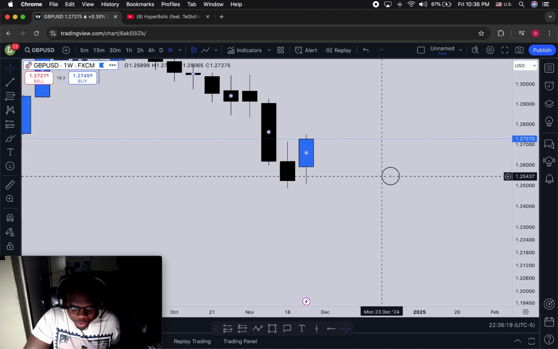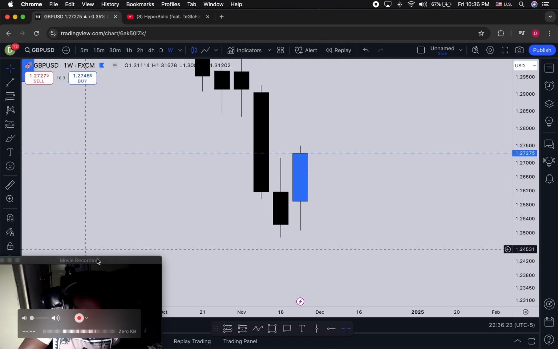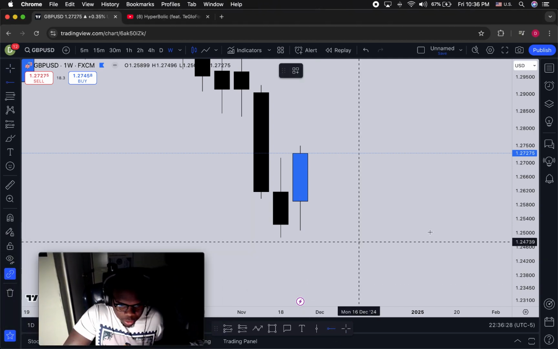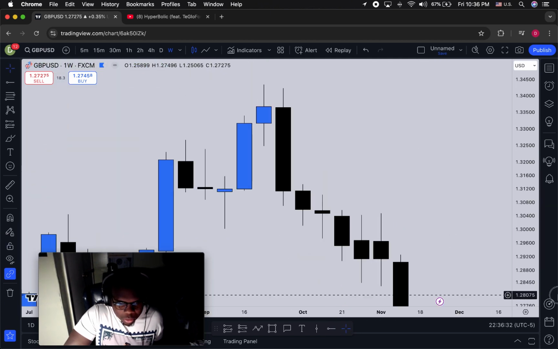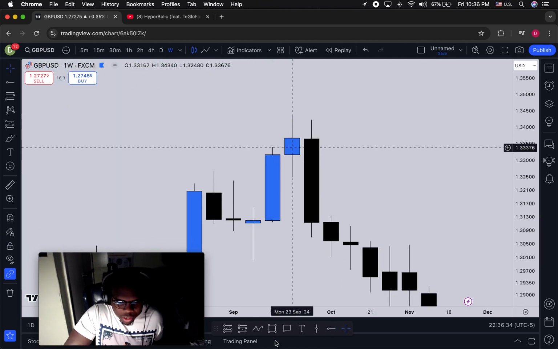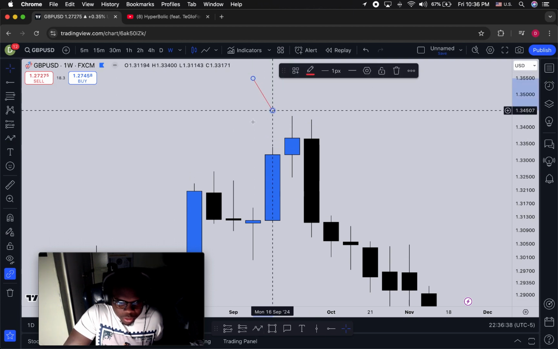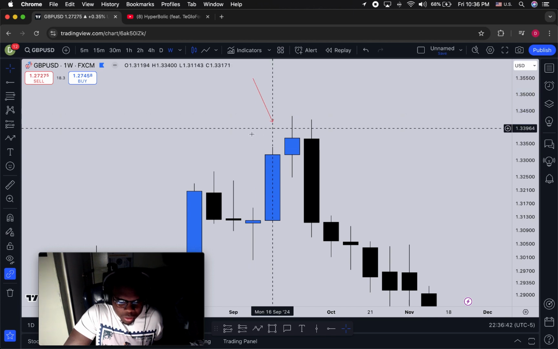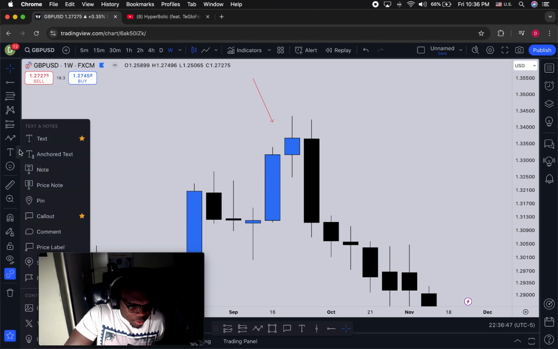So we're focusing on this blue candle here. All right, so this right here is the open. So you know what? Hold on. All right, we're gonna focus on this candle. Let me draw this right here. Let me get the brush out.